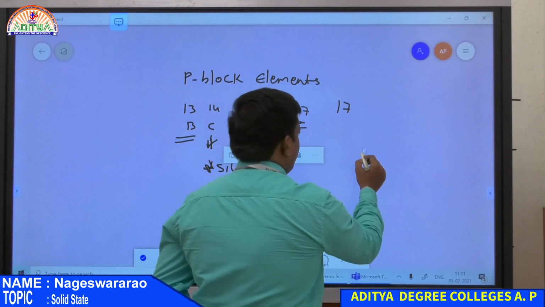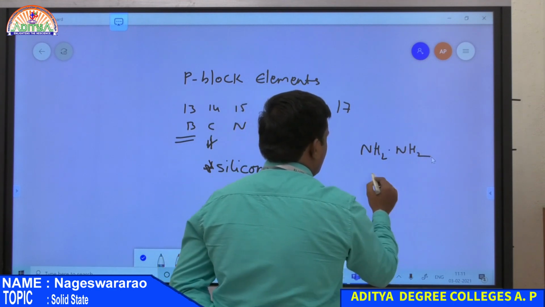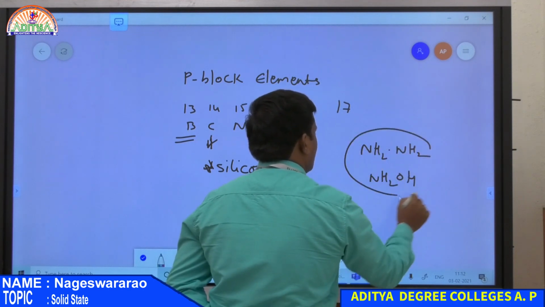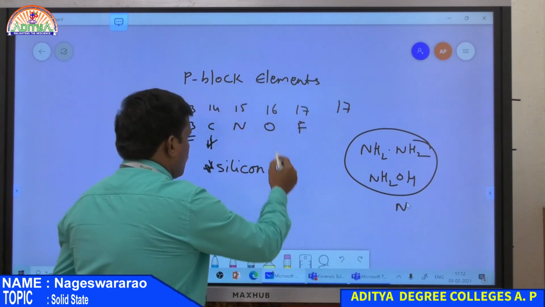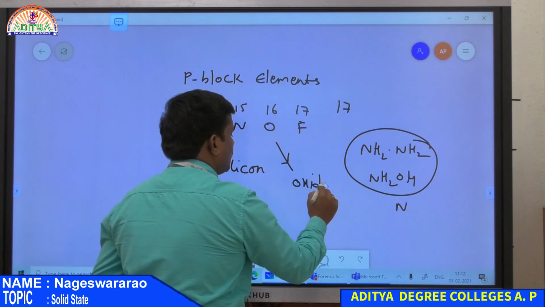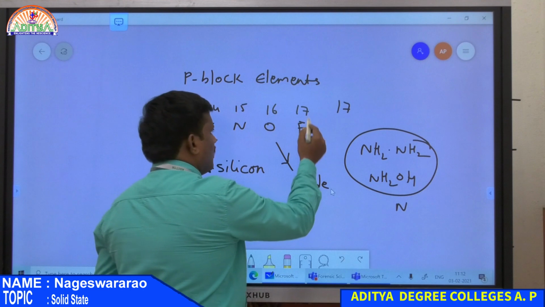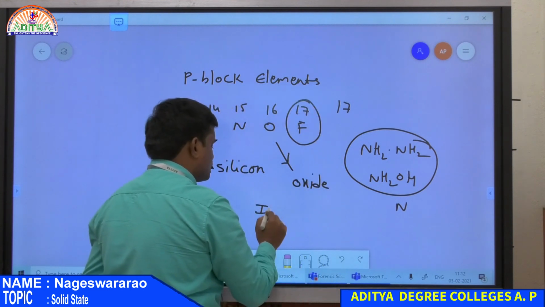One is hydrazine, NH2NH2, and the second one is hydroxylamine, NH2OH. So these are the compounds of nitrogen. Similarly, for oxygen, we discussed about types of oxides. And finally, we discussed about halogen family compounds, that is nothing but interhalogens.